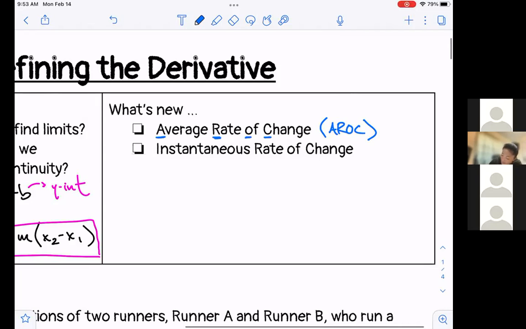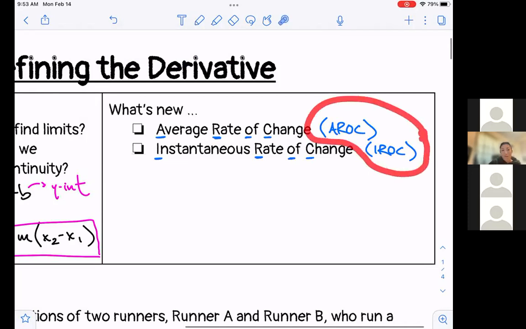And similarly, instead of writing instantaneous rate of change, I will write IROC. One of the things I really want us to walk away from 3.1 with is how are these similar and how are they different? Keep that in mind as we're going through things.